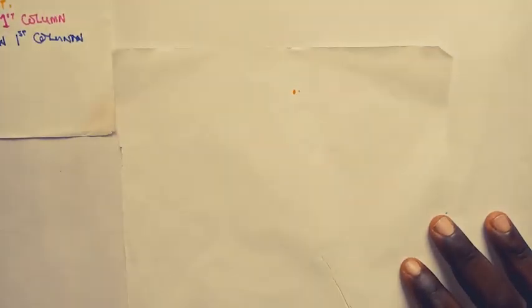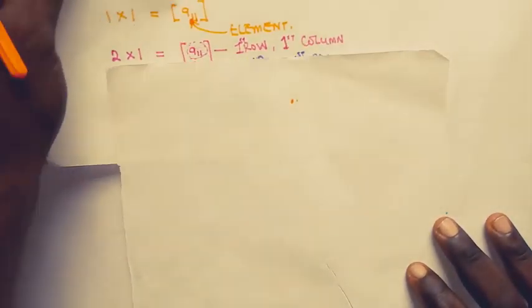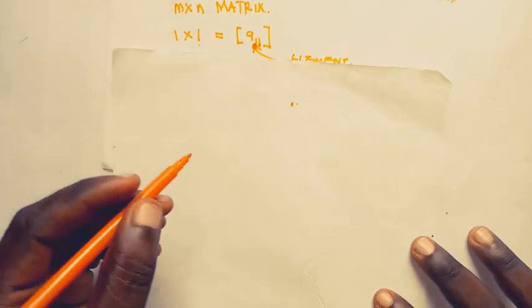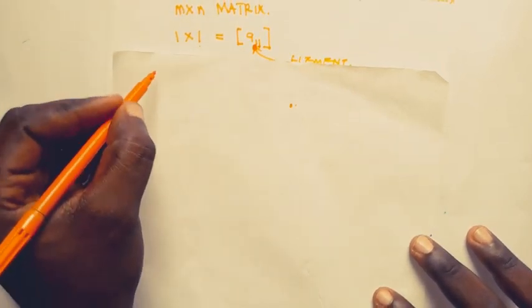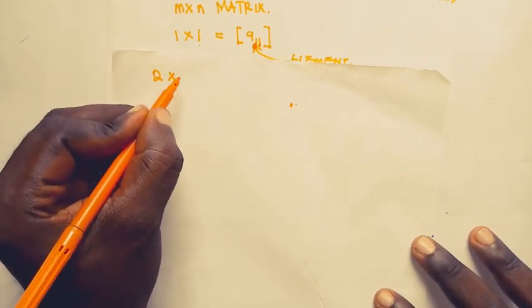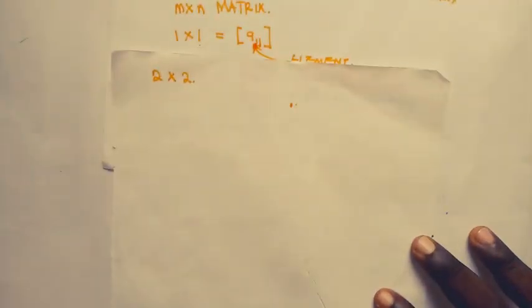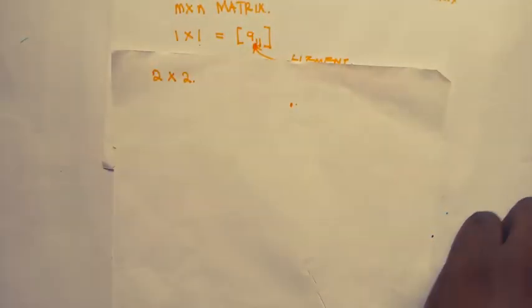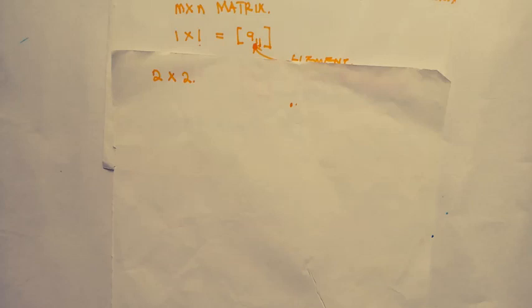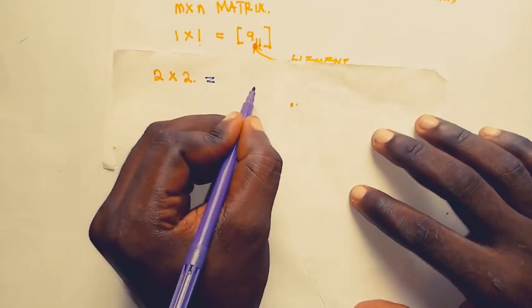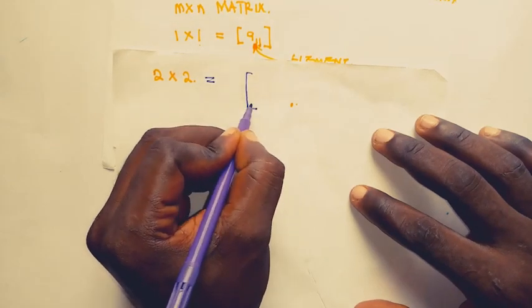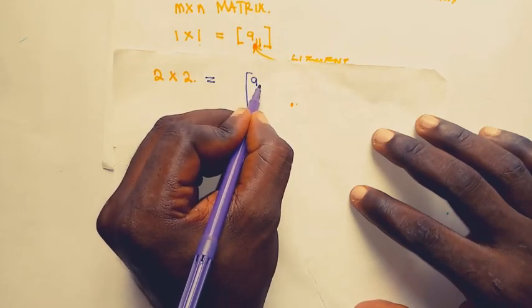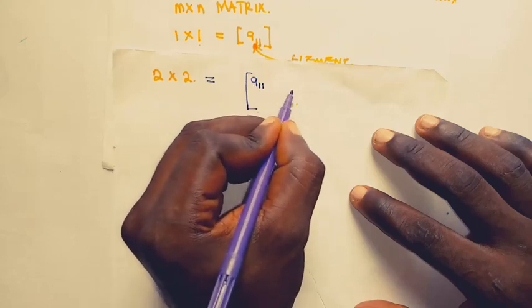Furthermore, a matrix could be 2 by 2 in dimension, and that kind of matrix will have two rows and two columns. The first element in that matrix is in the first row, first column.